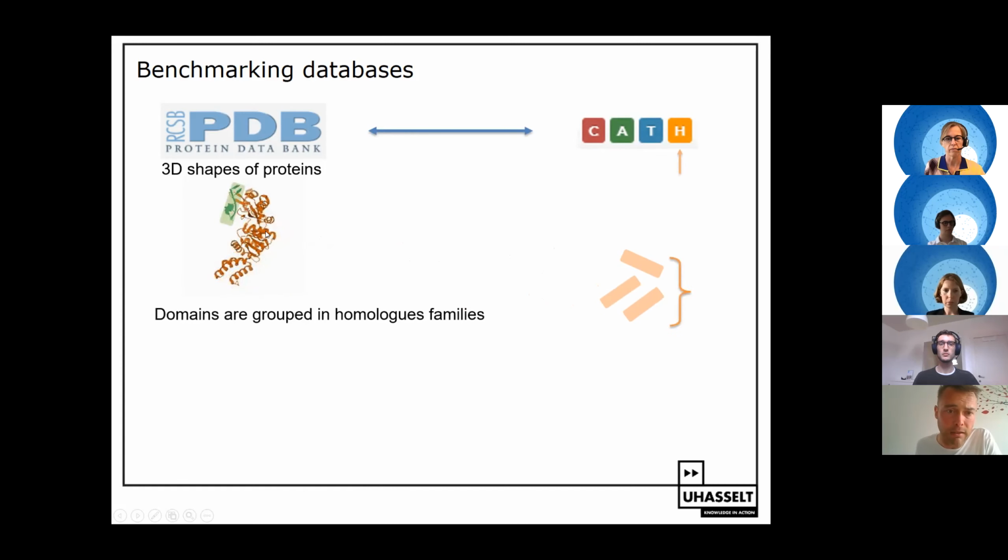And these domains are investigated and curated by humans and clustered into a separate database called the CAT database. I will not explain what CAT stands for, but the important letter to remember is the H at the end, the category of homologous superfamilies.